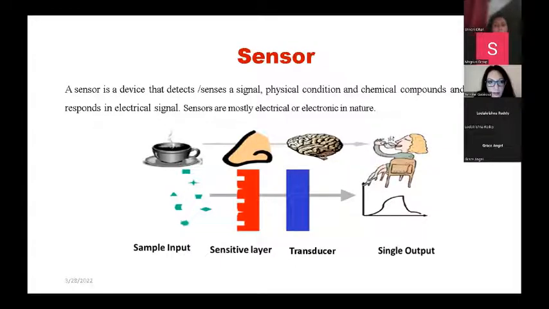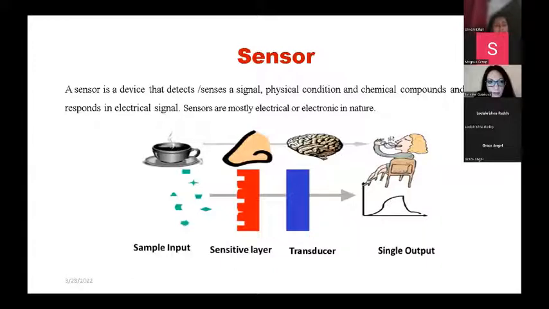The decision of taking the tea is the signal, the output of this process, and the cup of tea is the simple input. So basically, a sensor is a device that detects signals or any physical conditions and converts them into electrical signals.